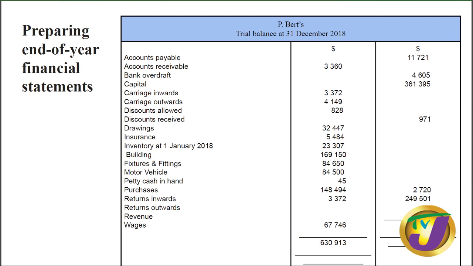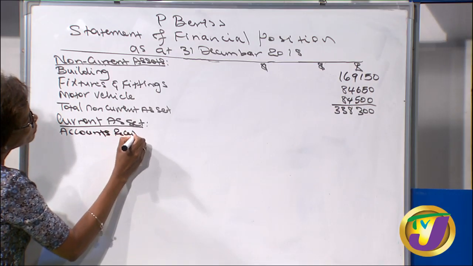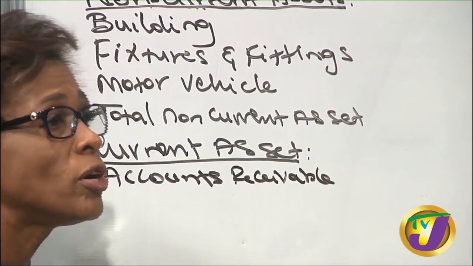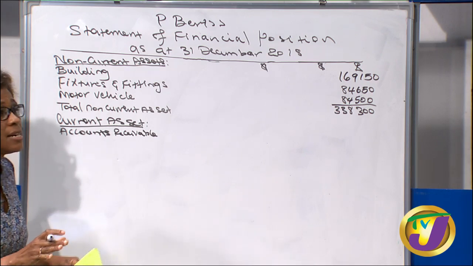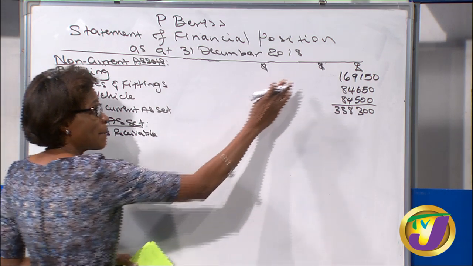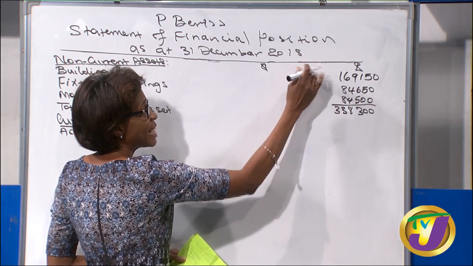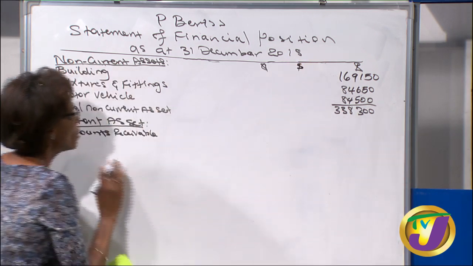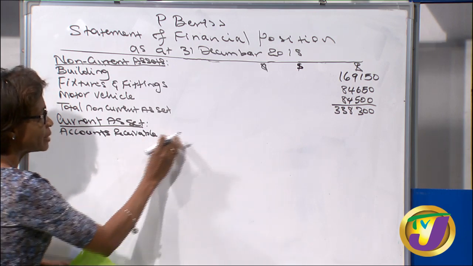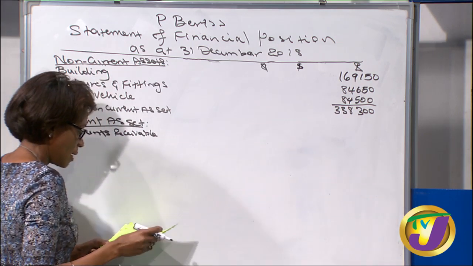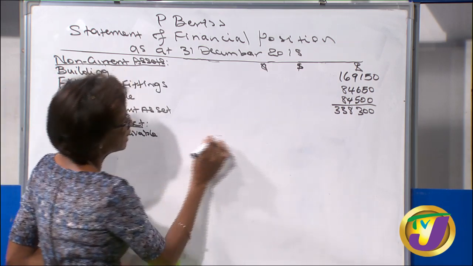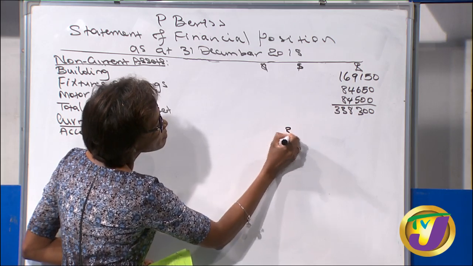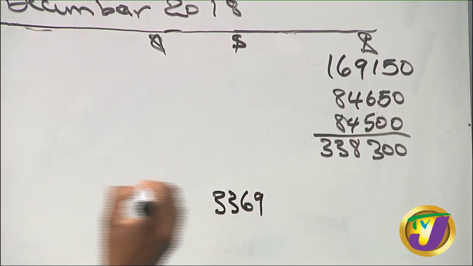In our case, we have accounts receivable. And you know that another term that they use for accounts receivable is debtors. And you know who debtors are? People who are owing the business for goods or service that they receive on credit. So we present our debtors, and we're going to put these in the middle column. So in this case, our accounts receivable, our debtor is 3,369. So we put it in the middle column.